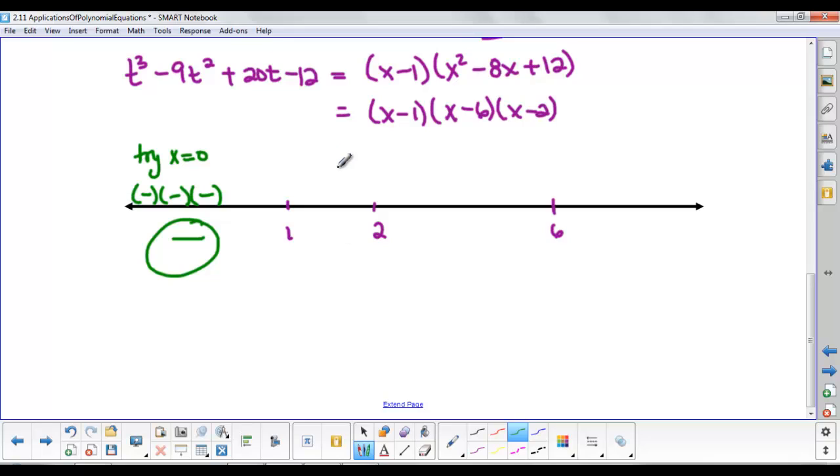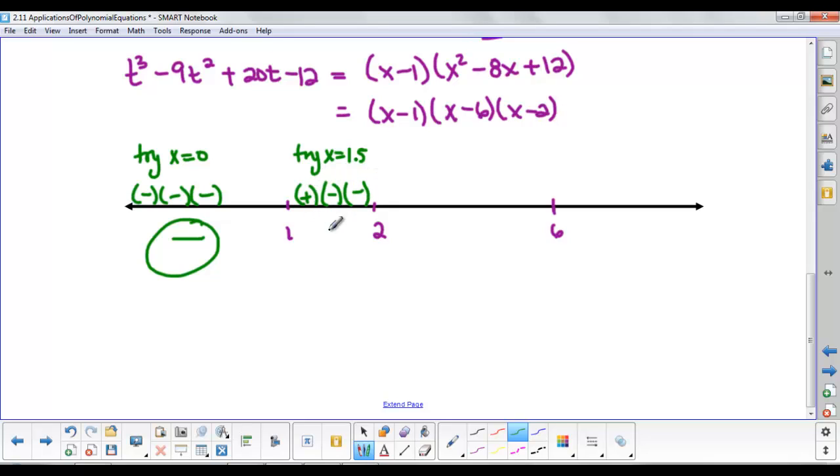Now in between 1 and 2, we're going to try, let's say, x equals 1.5. If I subbed in 1.5 into this first bracket, I'd actually get a positive value. 1.5 minus 1 is positive 1/2. And then sub in 1.5 here, I'll get a negative answer. And subbing in 1.5 here, also a negative answer.